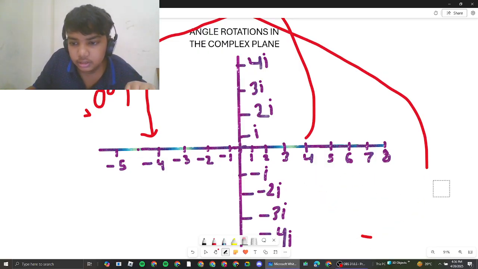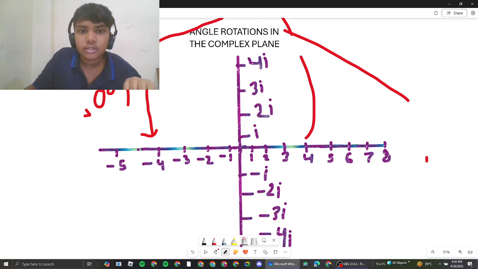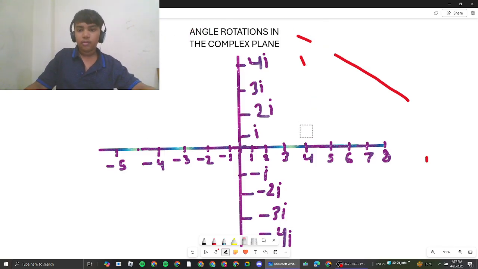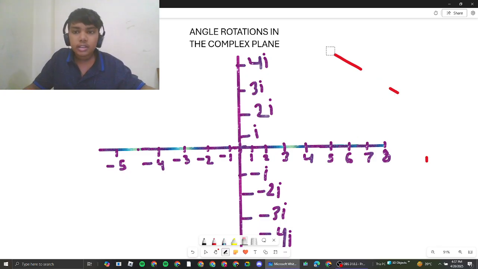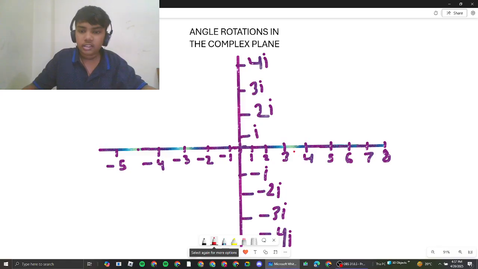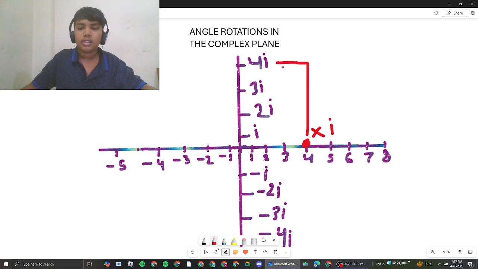Now let's look deeper into this. We can take any number, and since I did 4, I'm going to use 4. This is the point I'm taking, 4. Now, if I multiply this number by i, it would lead to this, which is 4i.